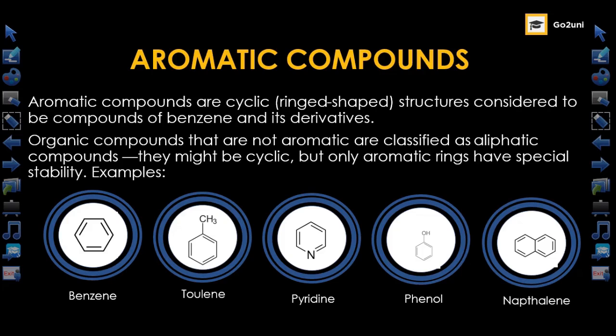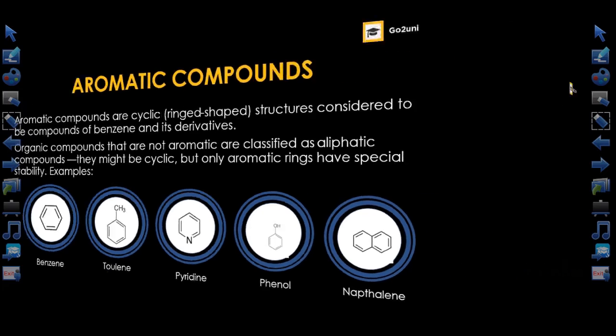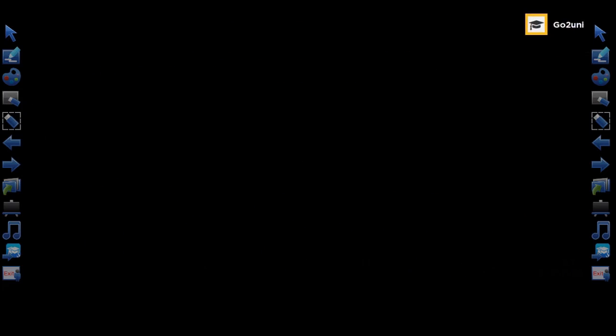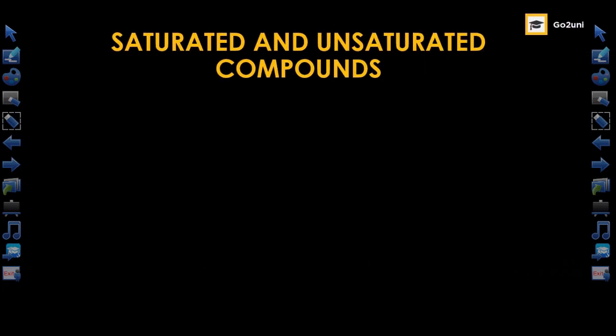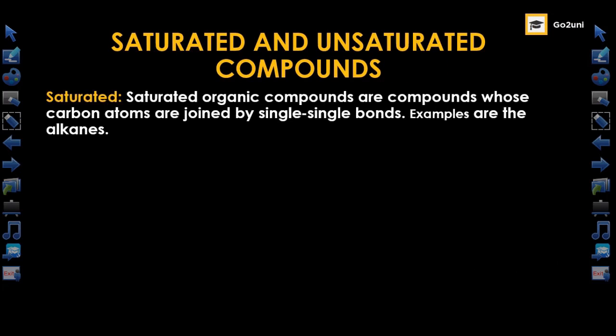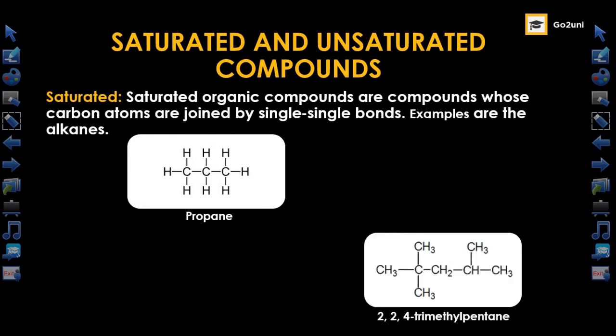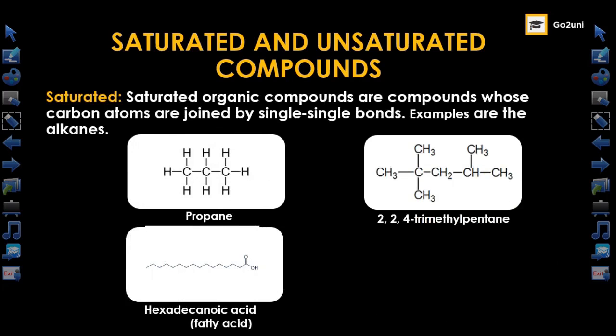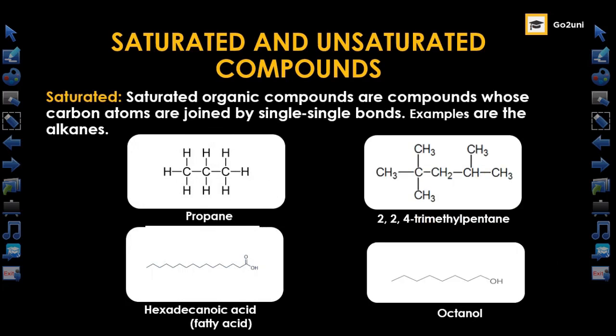So having seen the aromatic compounds, we shall take a look at our next kind of compounds, which are called saturated and unsaturated compounds. Like we said before, saturated compounds are simply compounds that have single bonds between each carbon atom. That is to say, as the carbon atoms catenate, they catenate with just single bonding.